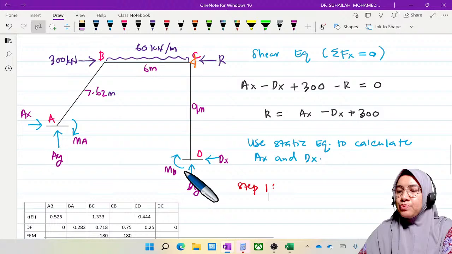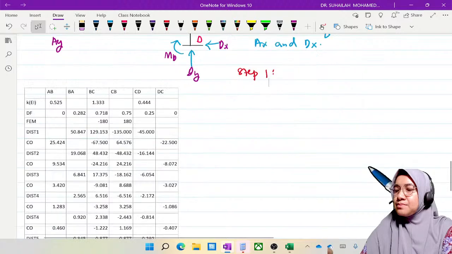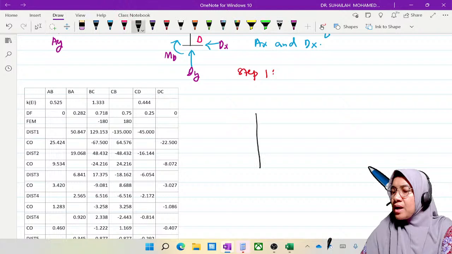If we analyze element CD only, what do we get? Let's sketch it first. So for element CD, this is C, this is D. This is Dx. This is 9 meters.